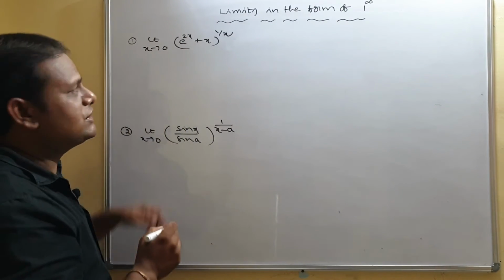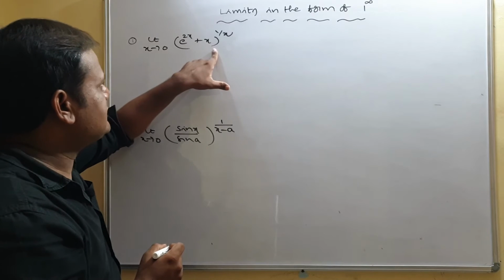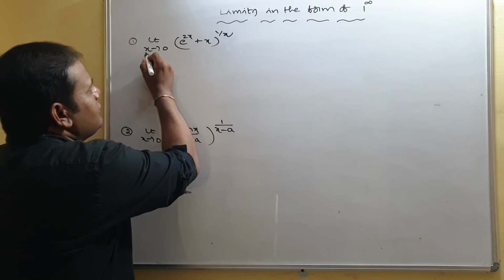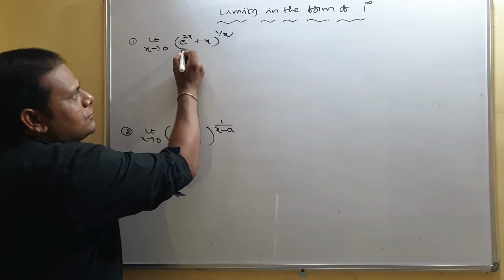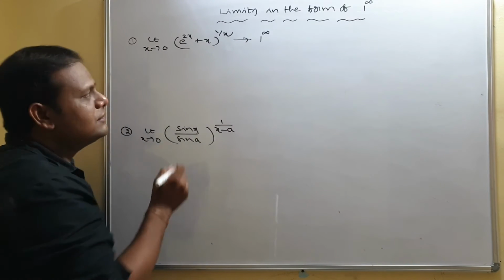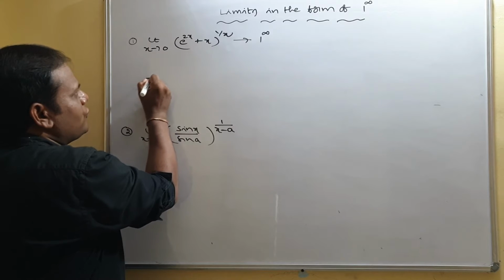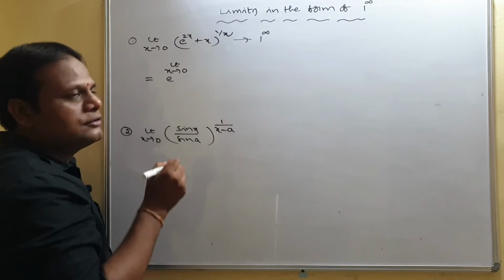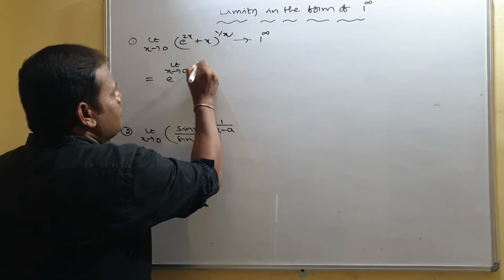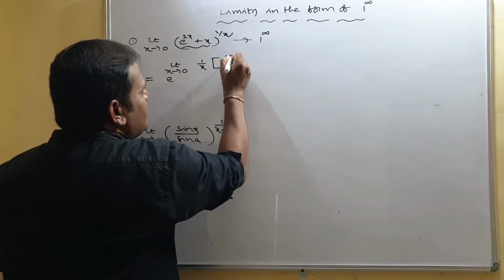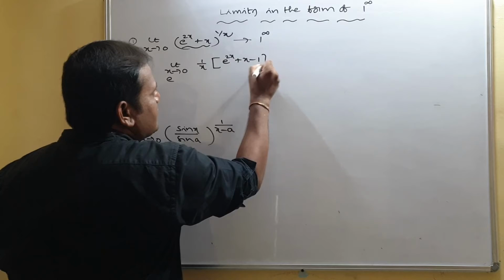Limit x tends to 0 of e power 2x plus x, whole power 1 by x. Here if x approaches 0, this function approaches the 1 power infinity form. So we have a formula for that. What is it? E power, the same limit x tends to 0, you take the power into base minus 1, that is e power 2x plus x minus 1.